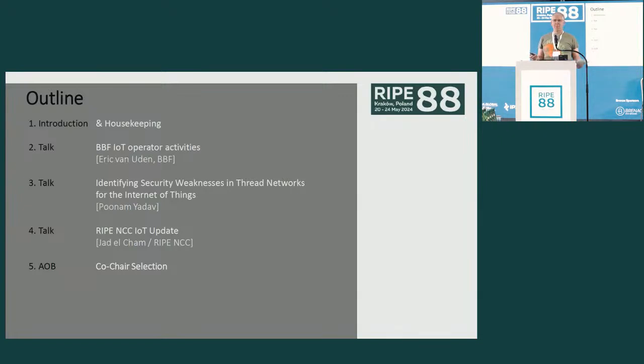We have Poonam, for whom it's the first time at a RIPE meeting and also the first time doing a presentation for us. And last but not least, Judd, who is also around with us and wants to give us some updates on the RIPE NCC IoT work, because there are some interesting things which we discussed last time in Rome, and now we're getting an update.